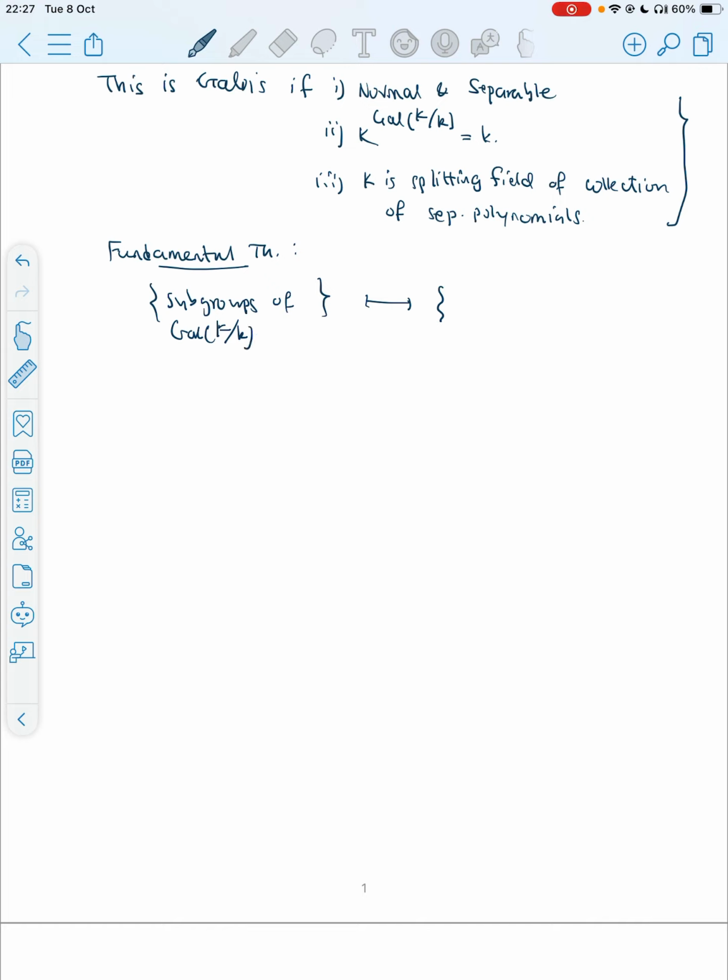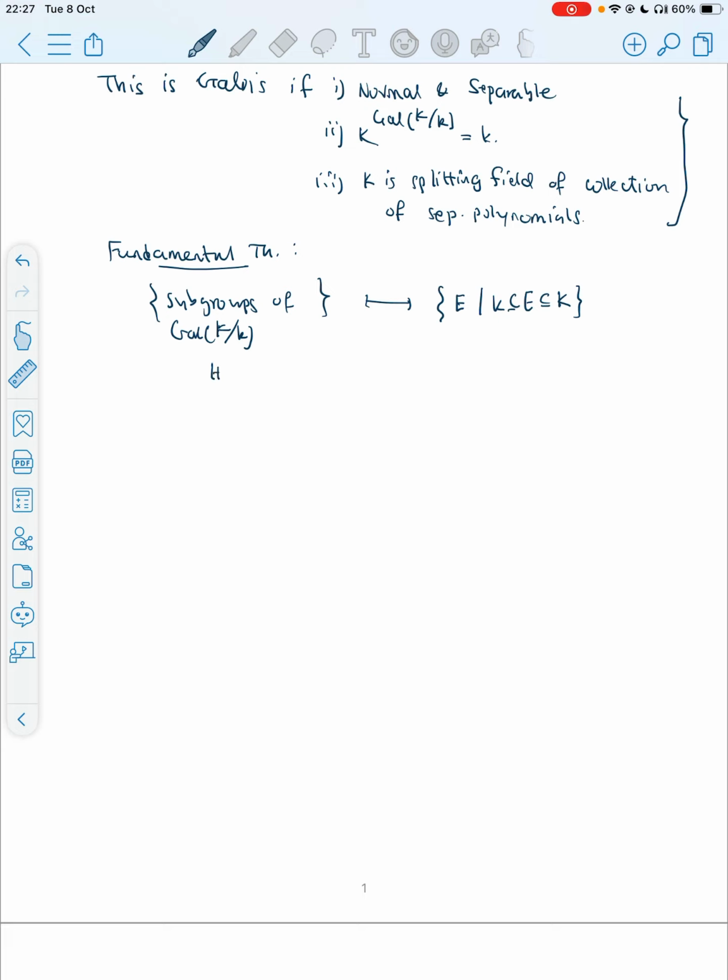So it forms a group, of course, under composition of maps. So it makes sense to talk about the subgroups. And the fundamental theorem says there is a bijection between those subgroups and the intermediate fields, which is sandwiched between small k and big K. And the correspondence goes like this.